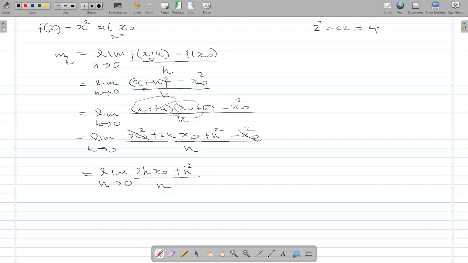I get h in the denominator here. Now I can pull out this h as a common factor. So I pull out h, and I can cancel out the h in the denominator.